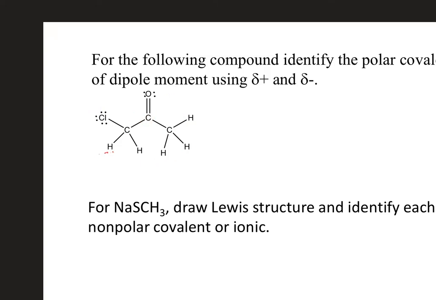And so it'd be kind of in the middle and like this. That'd be the net dipole. But you'd have the partial negative end of the molecule and the partial positive end of the molecule like that. But by individual atoms, partial negative, partial positive, partial positive, partial negative.